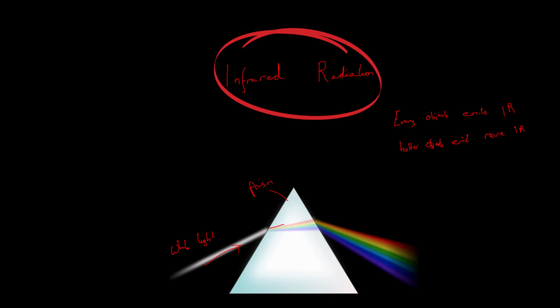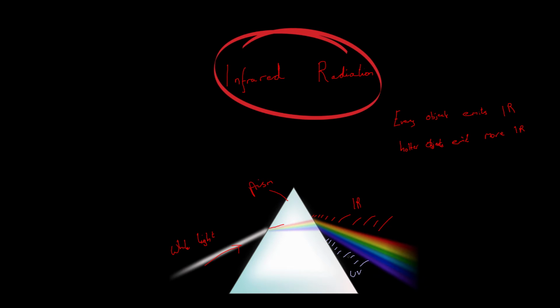Infrared just means it is this side of the red, so it's next to red, and so we'll also have radiation here. I've drawn it in red, of course, but this is infrared. Down here, ultraviolet, so it's next to the violet, we will have ultraviolet like so, and so that is UV.